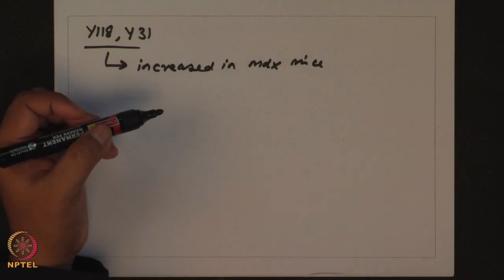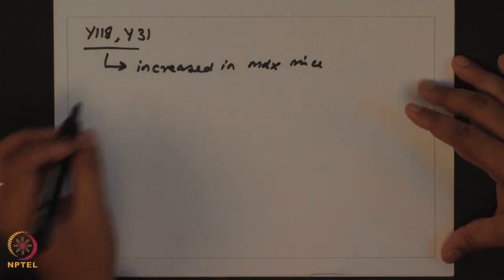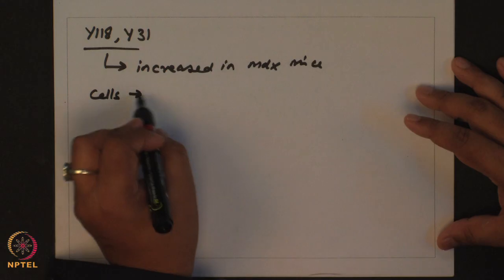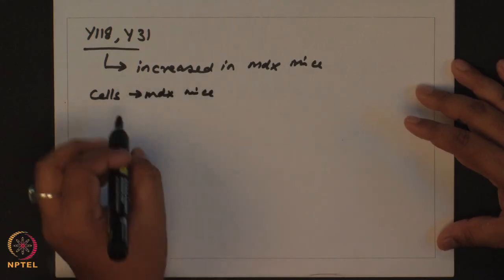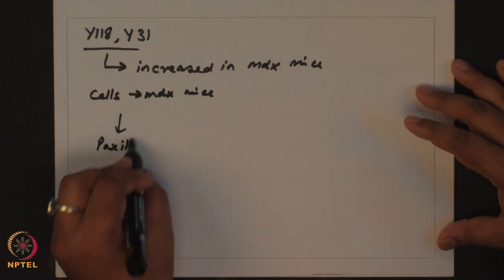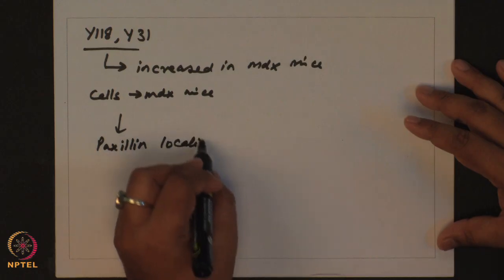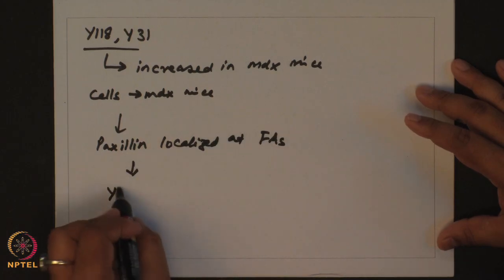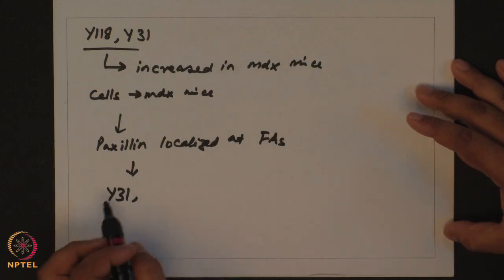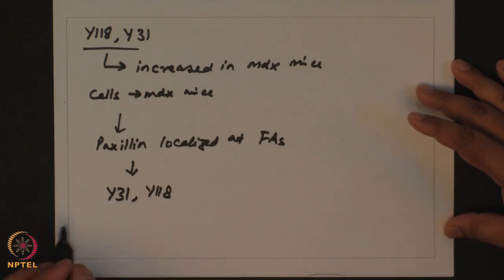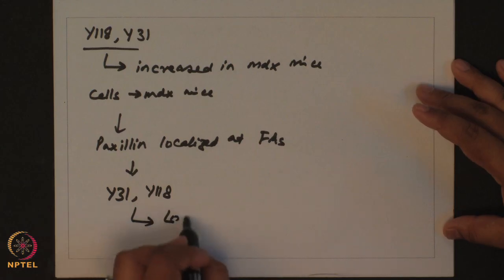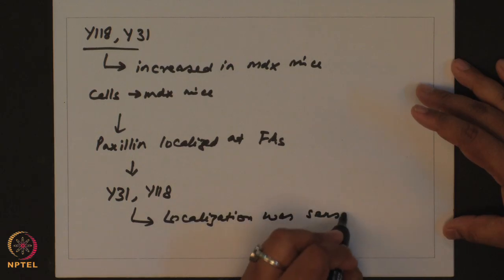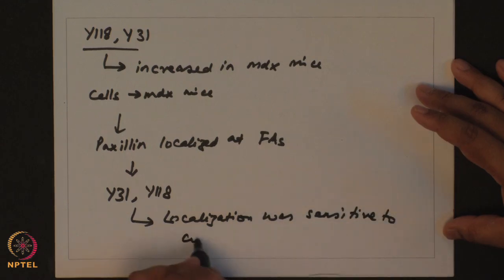So, what is Paxillin doing in these cells? What was observed was in cells isolated from MDX mice, Paxillin localized at focal adhesion was phosphorylated. So, you had both Y31 and Y118 phosphorylated, and more importantly its localization was sensitive to contractility.